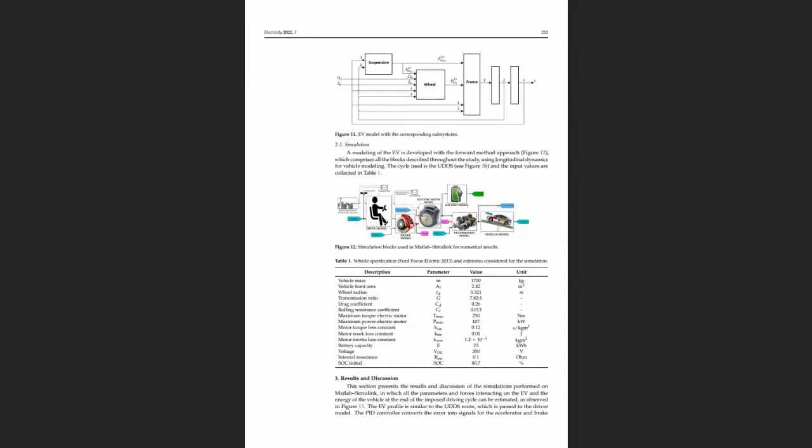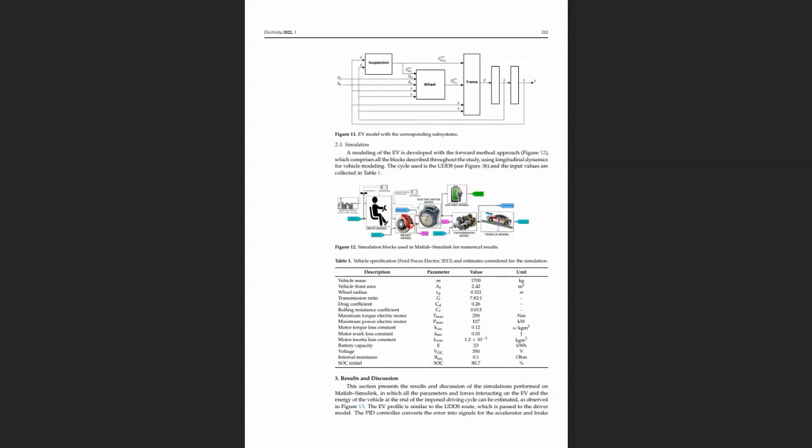For example, some students say to me, I am not finding the vehicle values. If you read the paper, for example, this is your Ford Focus Electric, a very old model. You can use these values. Vehicle mass 1700 kilogram. Vehicle front area 2.42 meter square.